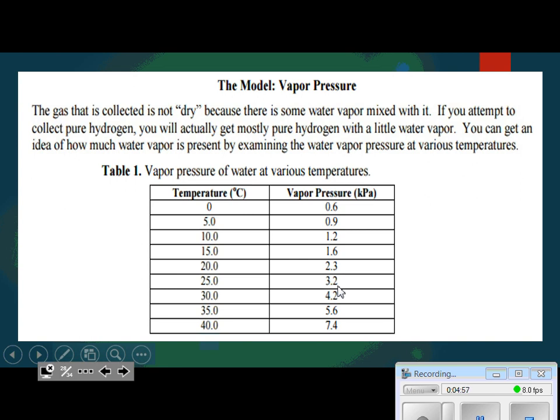And when they can get away from those neighbors, then they can go into the vapor phase. They can make water vapor. So the more kinetic energy they gain due to increasing temperature, more and more water molecules can escape the liquid phase and go into the gas phase. As they go into the gas phase, the pressure increases because pressure is due to moles of gas in a given volume.